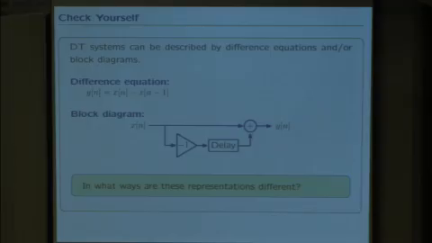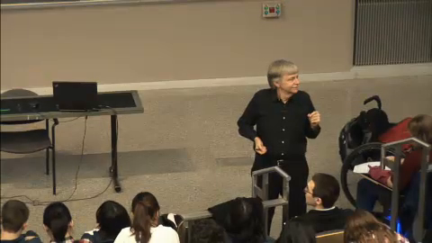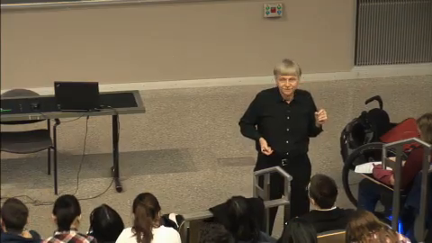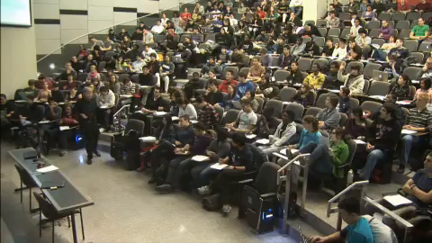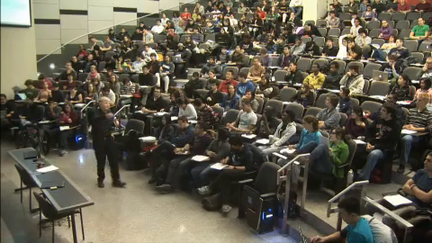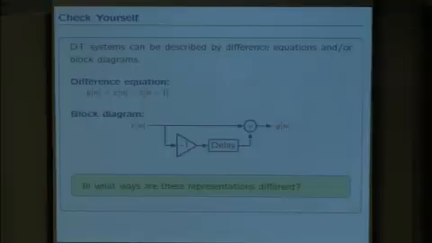Along those lines, there's some bit of information. There's actually more information in this one than there is in that one. There's exactly 1 bit more information in the block diagram. What's that bit? Delay. There's kind of delay by the n-1. Yeah.